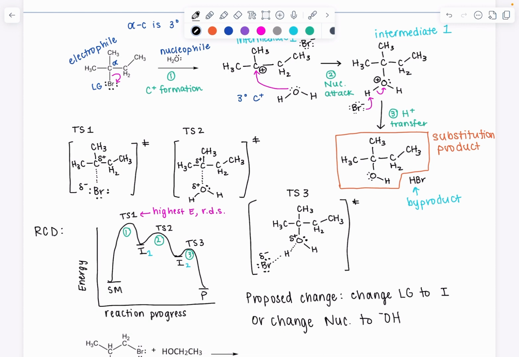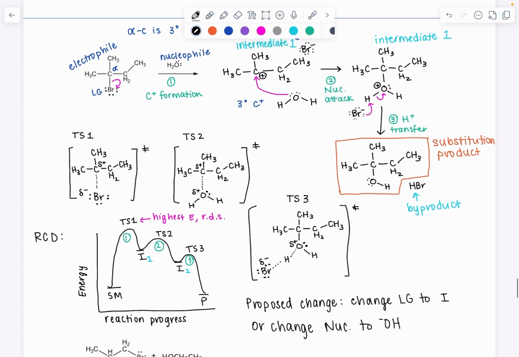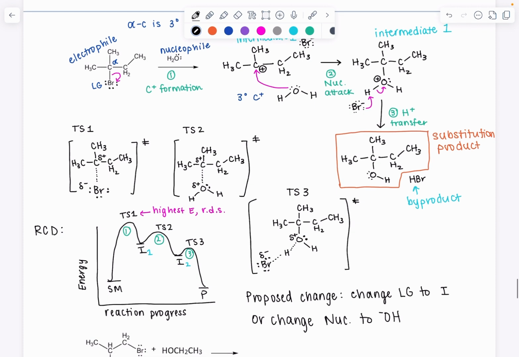That's a better nucleophile. It is more likely to give away electrons. So based on what we've learned so far, that would be a better nucleophile for this reaction.